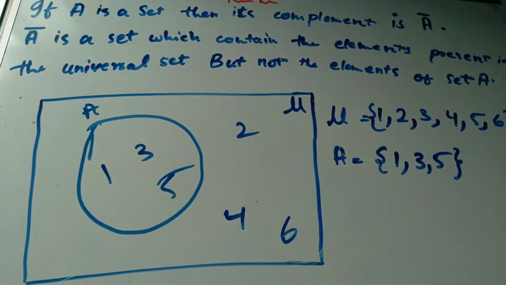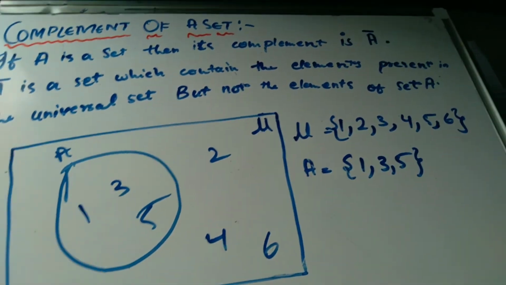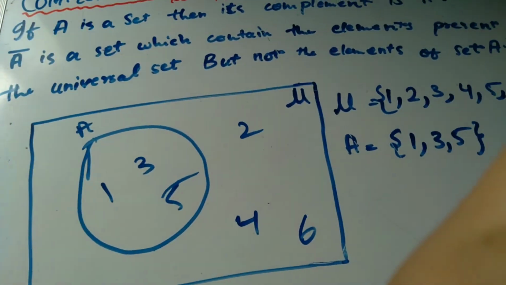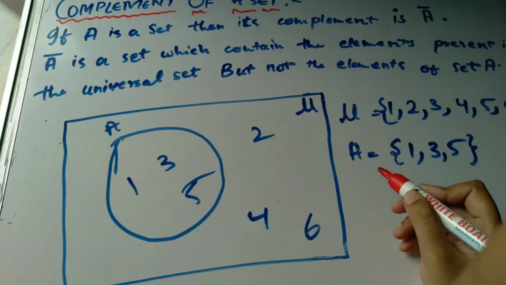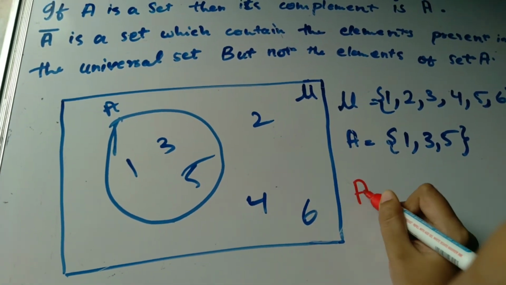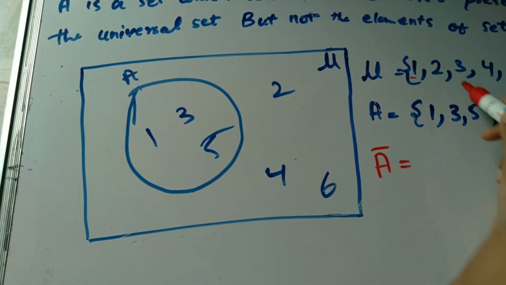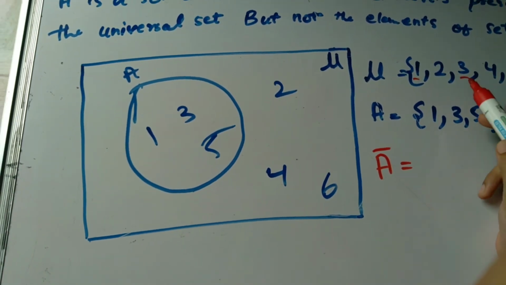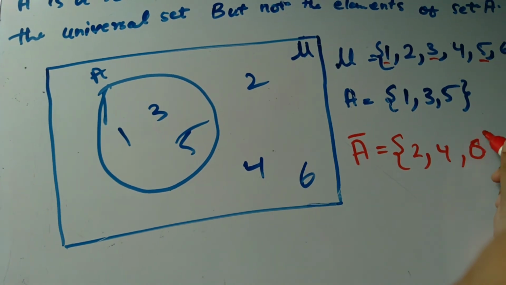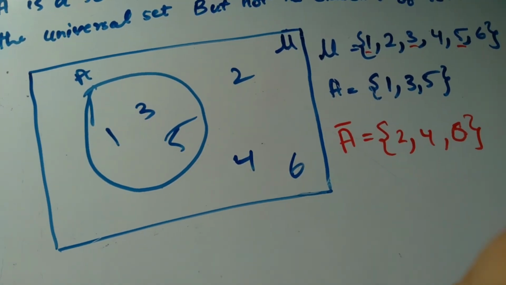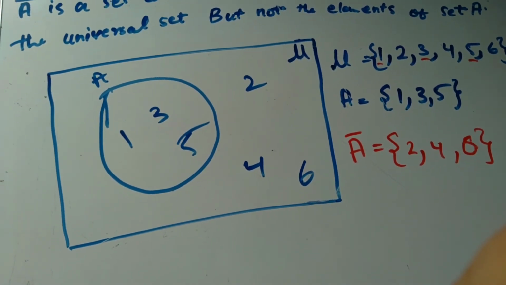So let's write what A complement is. A complement is from the universal set leaving the elements of A. What are the elements of A? 1, 3 and 5. So what are the rest of the elements? 2, 4 and 6. So A complement here is 2, 4 and 6.